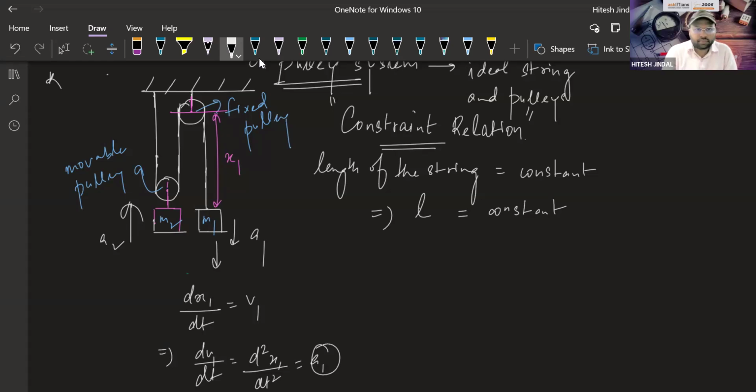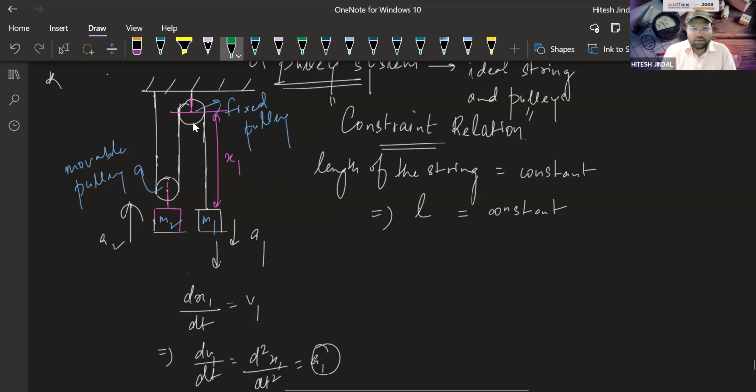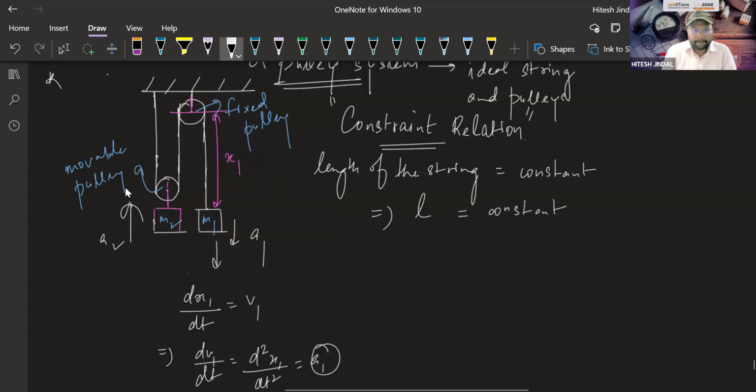Okay. One more thing is there. And let's consider one length from here.